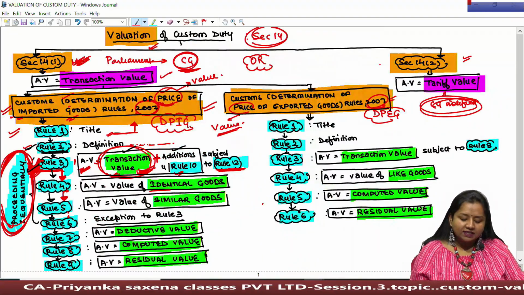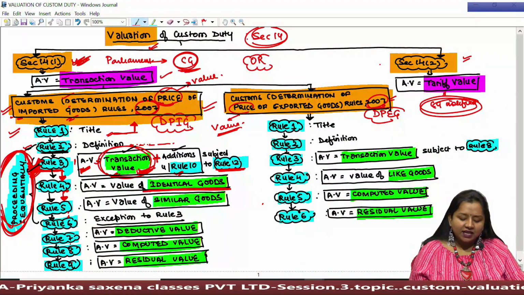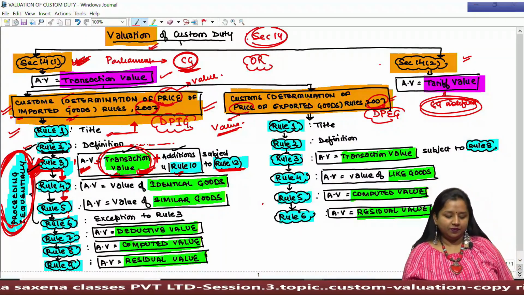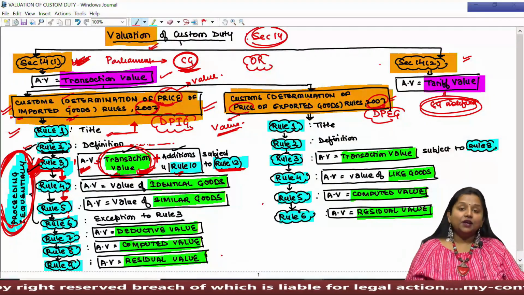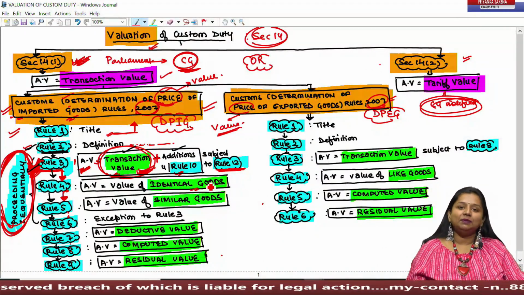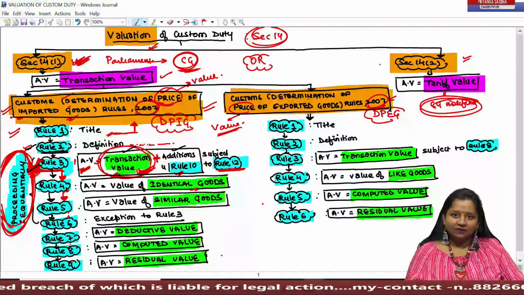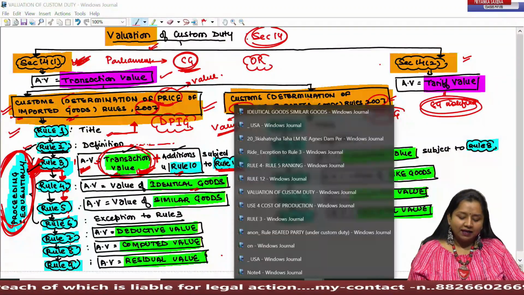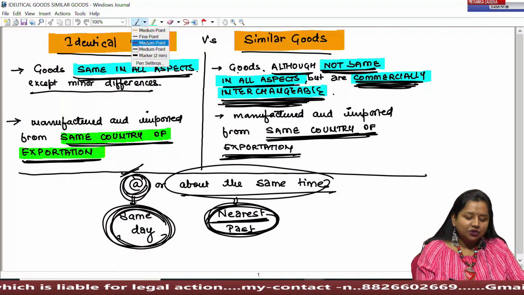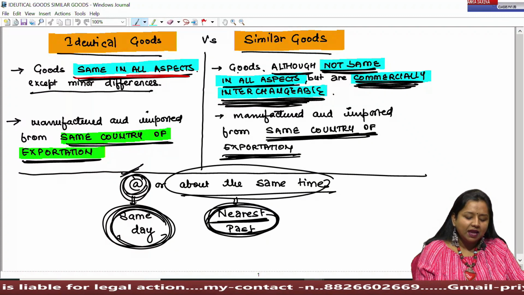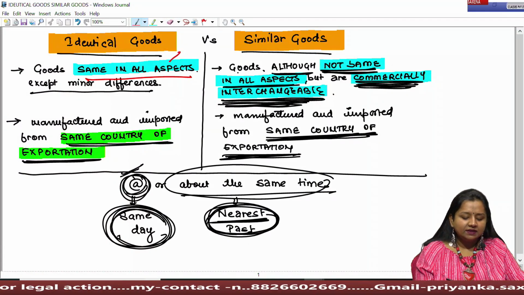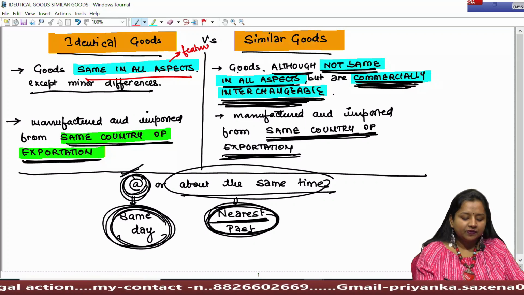And rule 4 says that in such a case the value of identical goods shall be taken as your assessable value. Now what do you mean by identical goods? Let us see. Identical goods are those goods which are the same in all aspects. Here aspect means features.